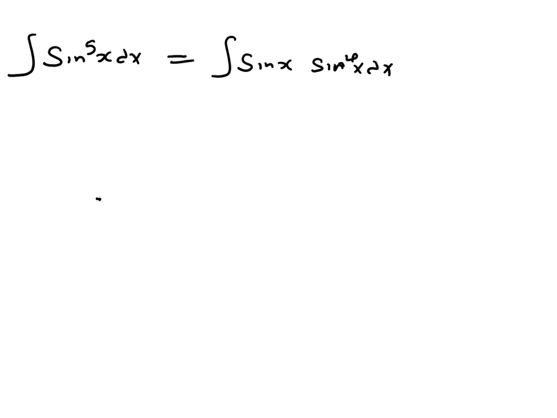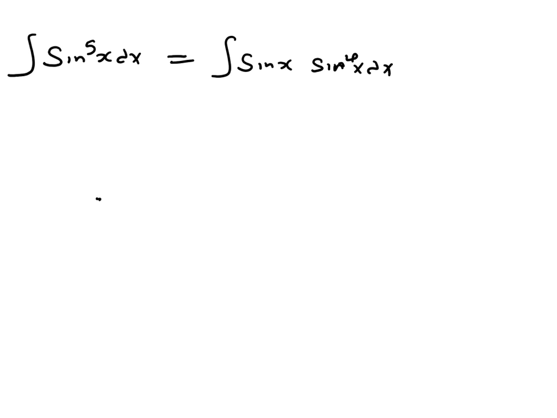If you are told to integrate sine power 5 of x dx, look at this as the integral of sine x times sine to the power 4 of x dx.